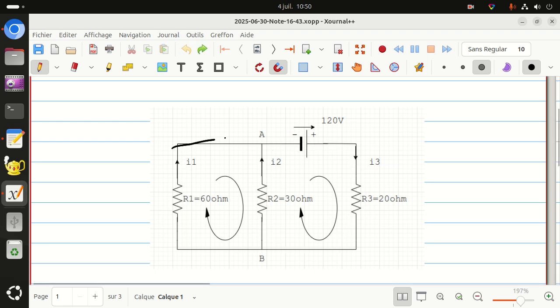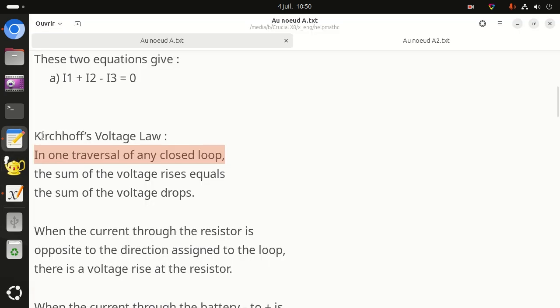And this is the third closed loop. Alors, Kirchhoff voltage law: in one traversal of any closed loop, the sum of the voltage rise equals the sum of the voltage drop.